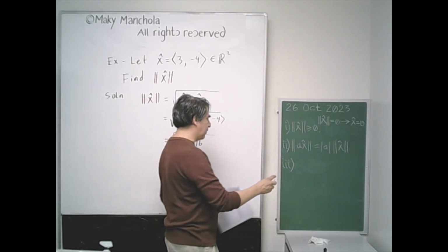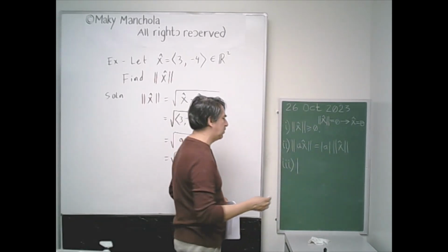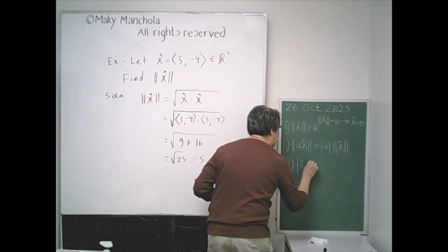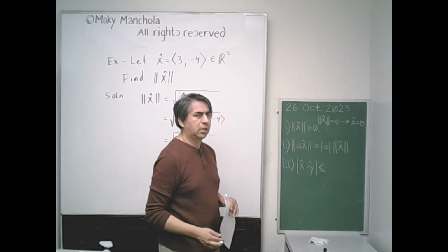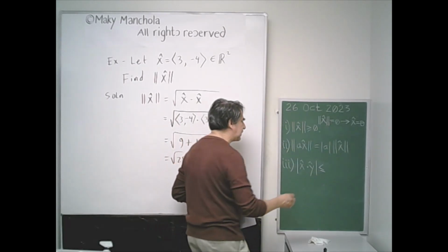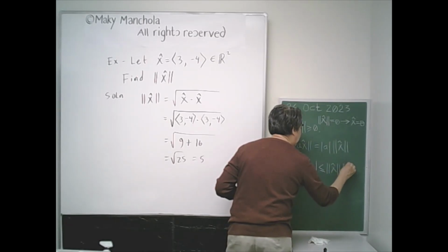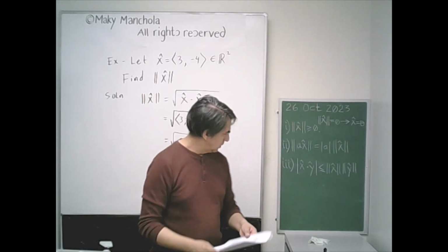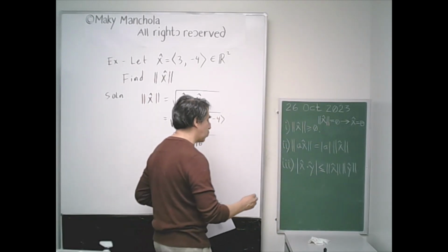The absolute value of the dot product of x hat and y hat is less than or equal to the norm of x hat multiplied by the norm of y hat. This is an inequality and it is called the Cauchy-Schwarz inequality.